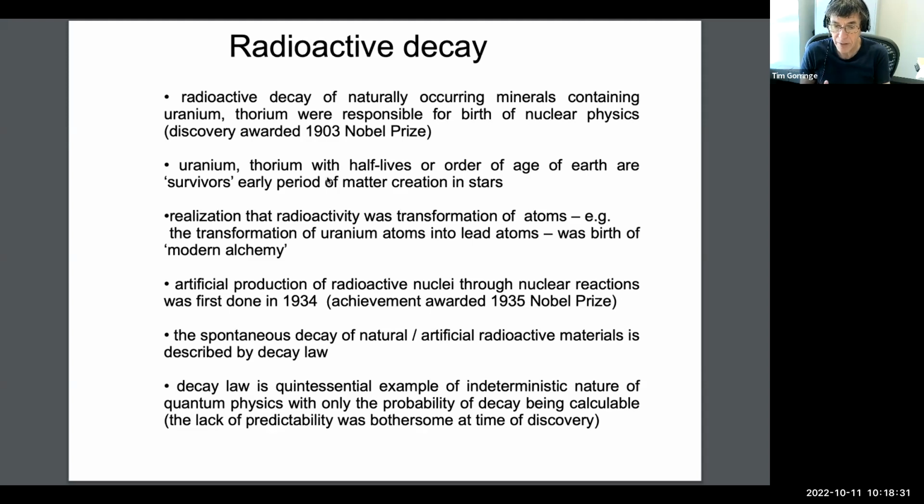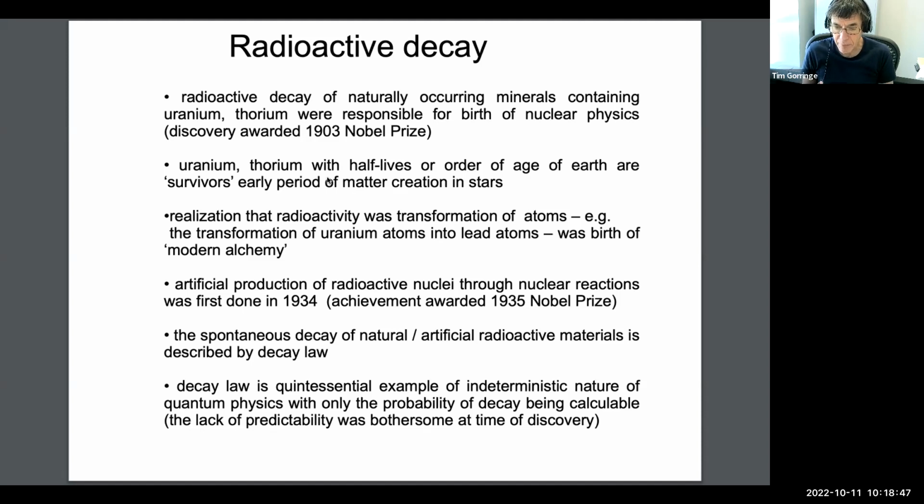Our Earth is about 5 billion years old, and the uranium and thorium isotopes have long enough lifetimes, long enough half-lives, that they are survivors from the birth of the Earth.